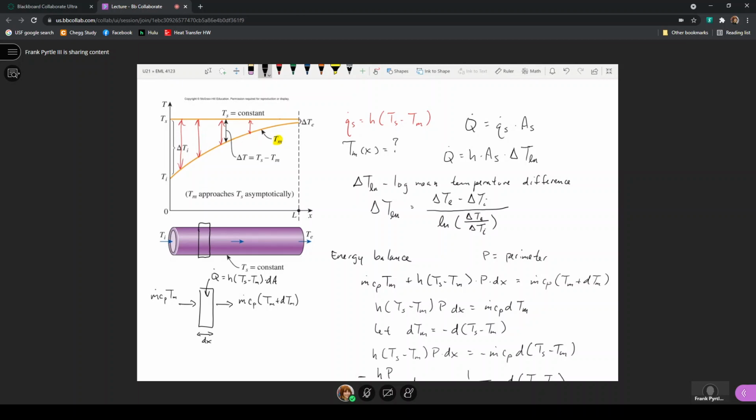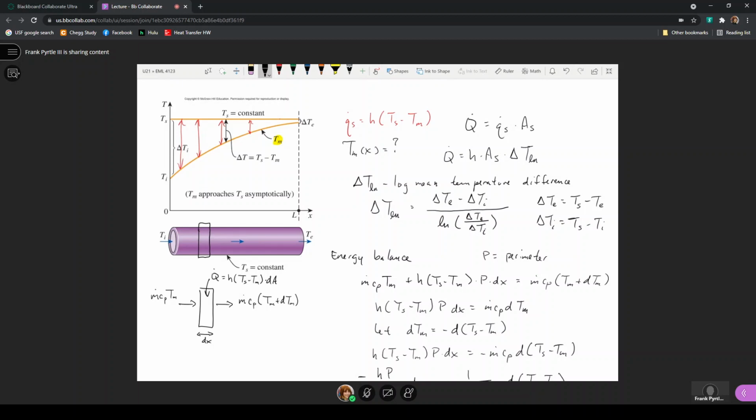Where here, delta T_E is the surface temperature minus the temperature of the fluid at the exit, and delta T_I is the surface temperature minus the temperature of the fluid at the inlet.